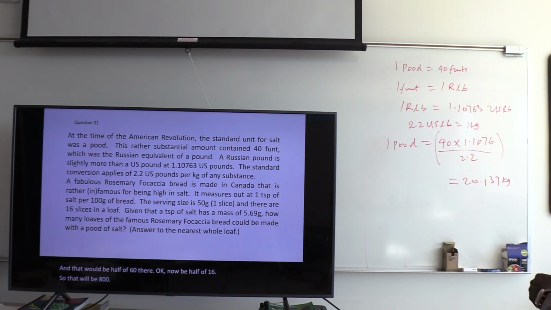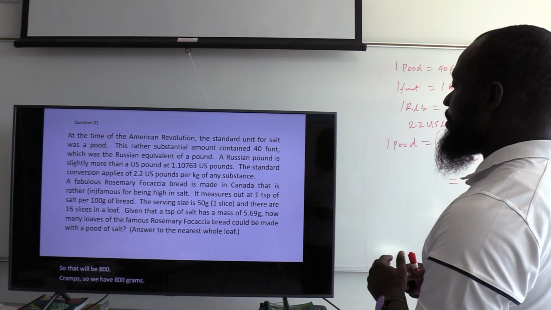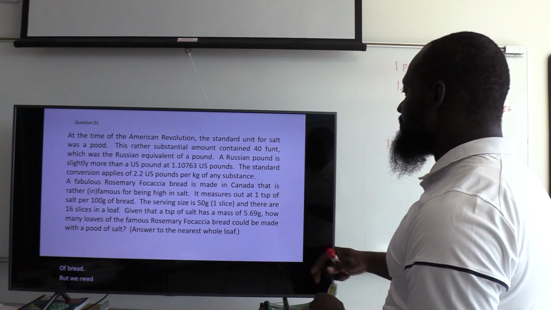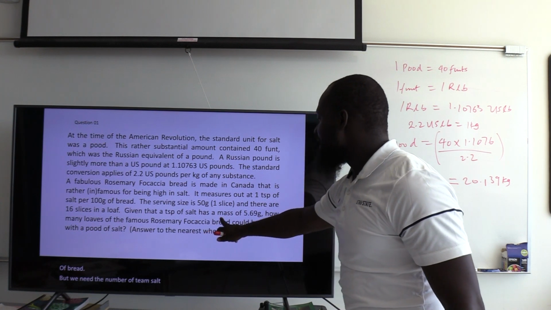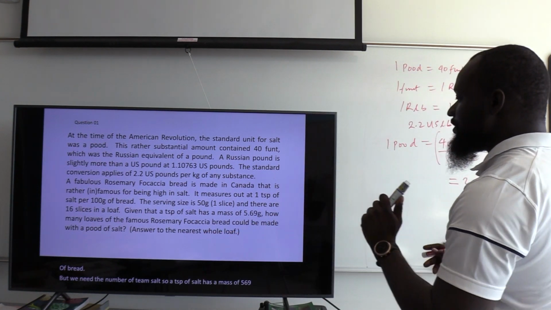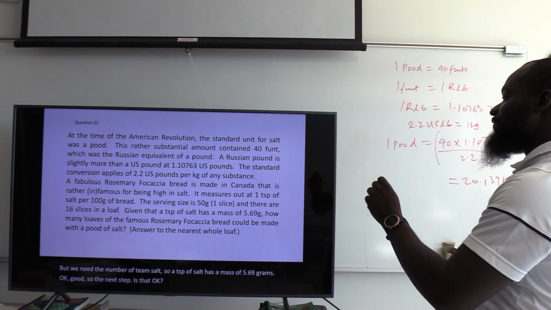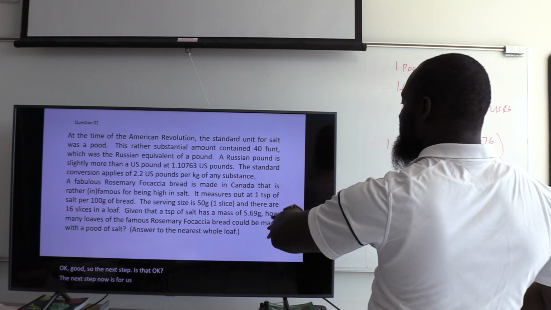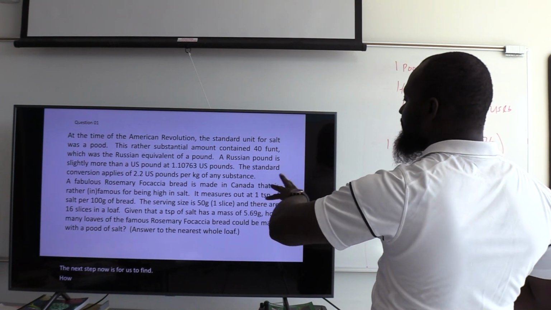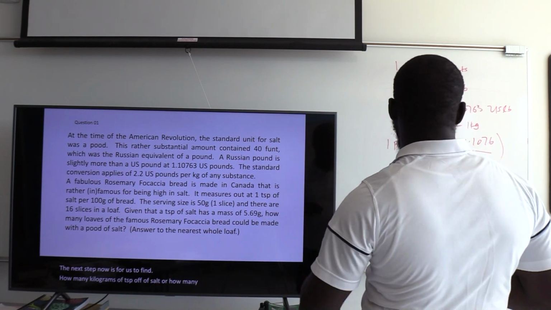So we have 800 grams of bread, but we need the number of teaspoons of salt. A teaspoon of salt has a mass of 5.69 grams. Okay, good. The next step now is for us to find how many teaspoons of salt are in the bread.